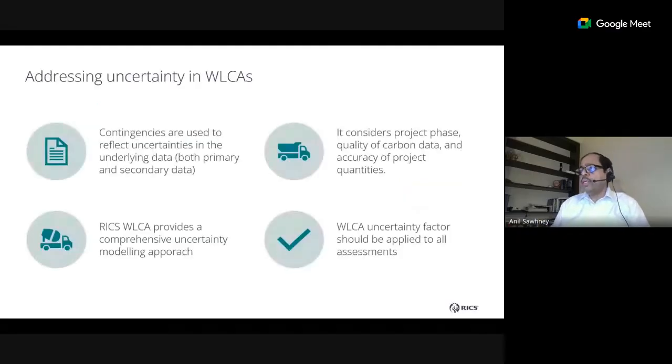So how do we address uncertainty in WLCA? The RICS standard provides a model which you can use to address uncertainty at the assessment level. Within EC3, yesterday we saw that for each EPD there is a model that they use to assign some uncertainty at the material or product level.